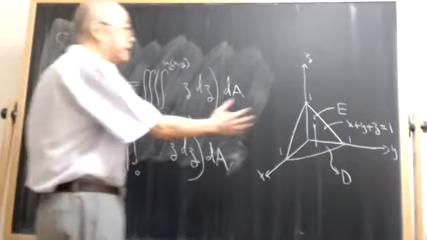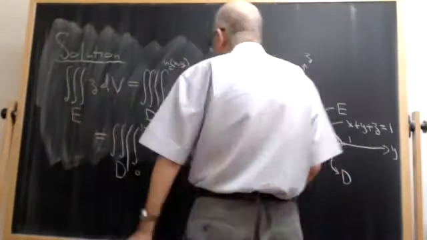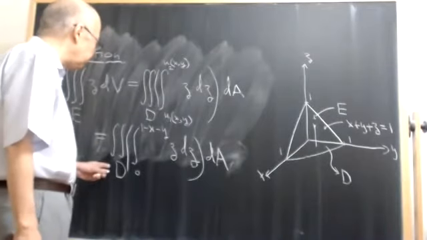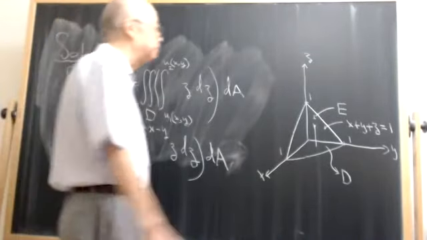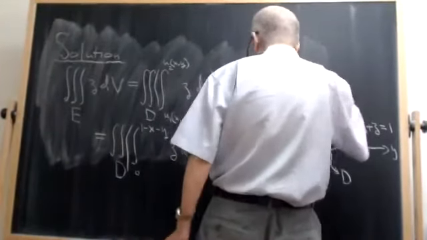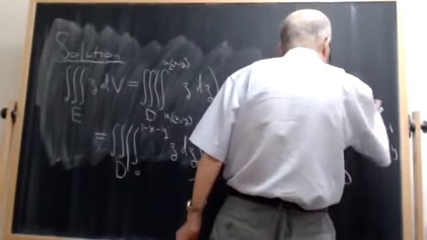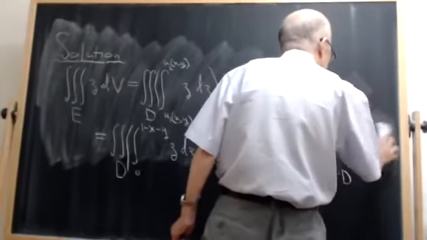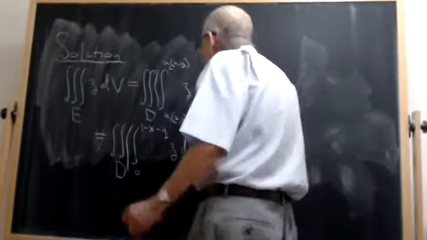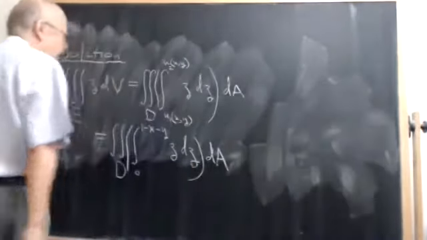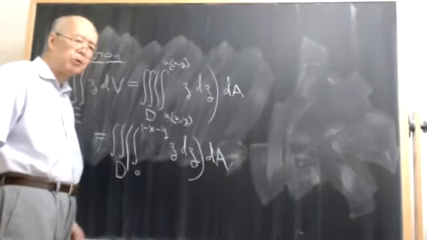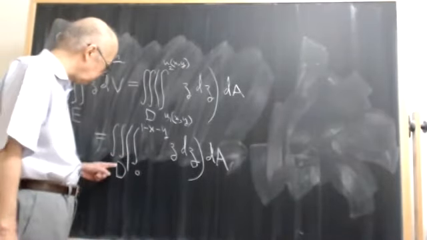And then we don't need this anymore. We have reduced this triple integral to a double integral. But how do we evaluate a double integral on D?